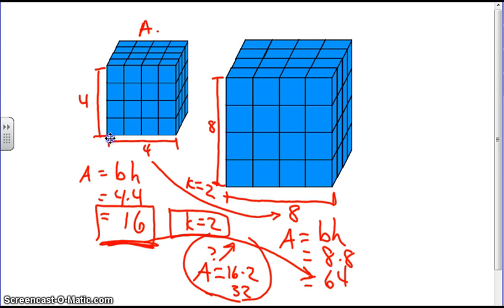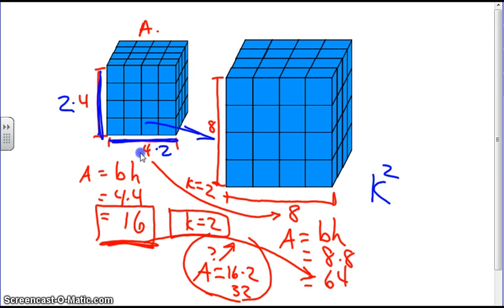Remember, this dimension here is multiplied by 2, and this dimension here would need to be multiplied by 2 in order to get over to the new, bigger figure. So if we're going to use a scale factor with area, we're going to have to square the scale factor, right?